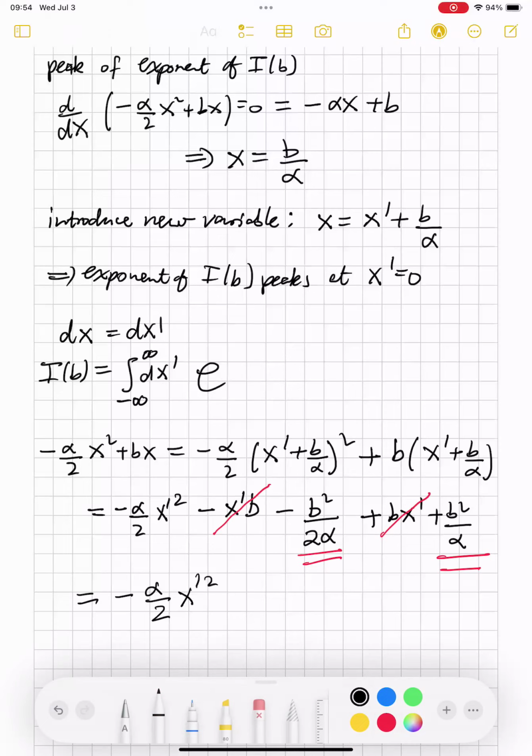And then we've got the minus b squared over 2 alpha plus b squared over alpha becomes plus b squared over 2 alpha. So I of b written in terms of the new variables is minus alpha over 2 x prime squared plus b squared over 2 alpha. Great. And what we'll do next is let's try to simplify, or let's try to evaluate I of b.